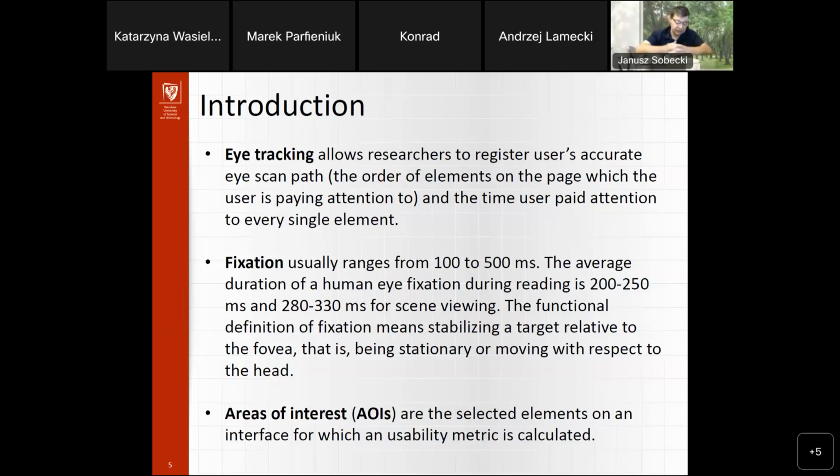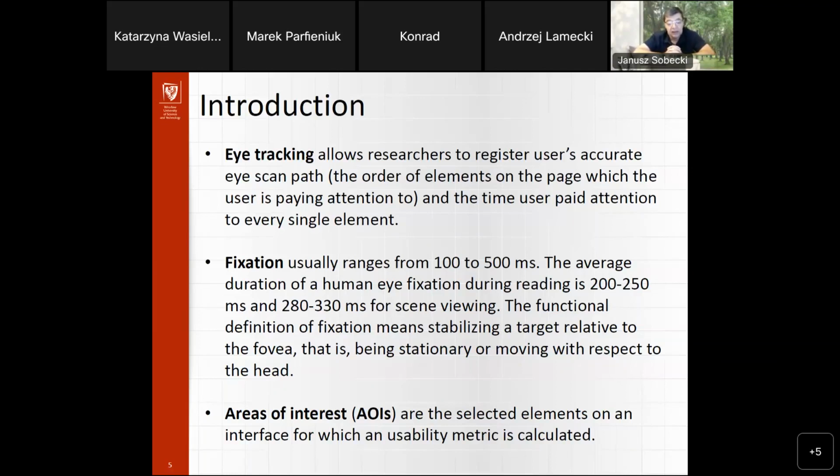Of course, we are basing on so-called fixations. Fixations usually range from 100 to 500 milliseconds, and for example, the average fixation during reading is from 200 to 250, and for just scene viewing, so more graphical elements, it is from 280 to 330 milliseconds.